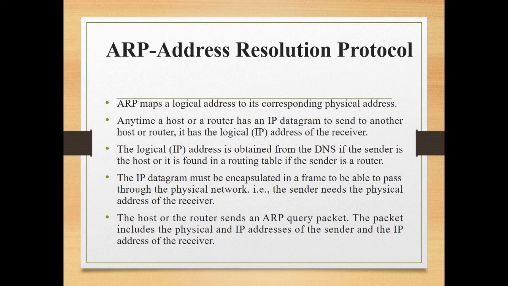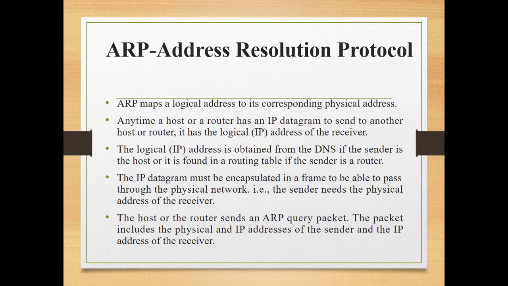Anytime a host or a router has an IP datagram to send to another host, it has the logical address of the receiver. Then the logical address is obtained from the DNS if the sender is a host, or it is found in a routing table if the sender is a router.